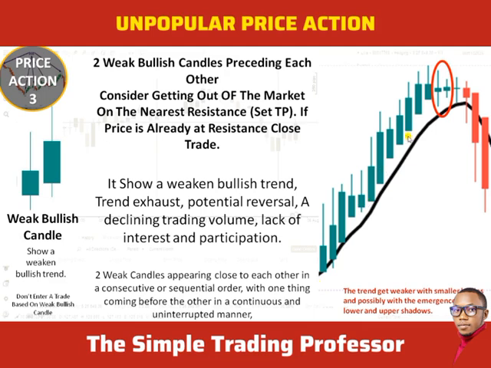Whether you entered from somewhere around there, you know that the bullish trend has been riding for long, and then you even see one of it. If you see one of it, what does it tell you?